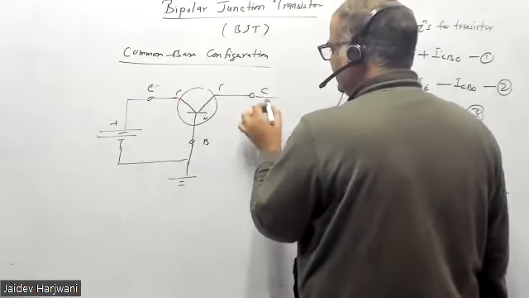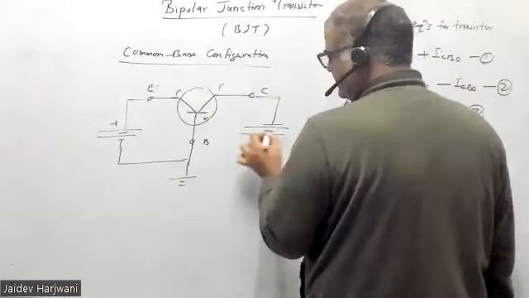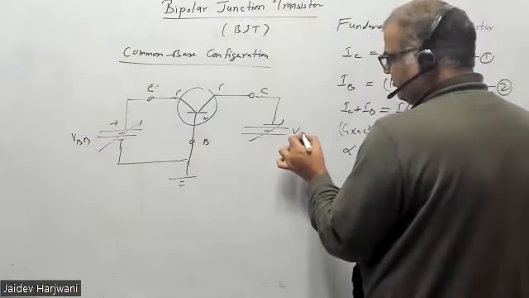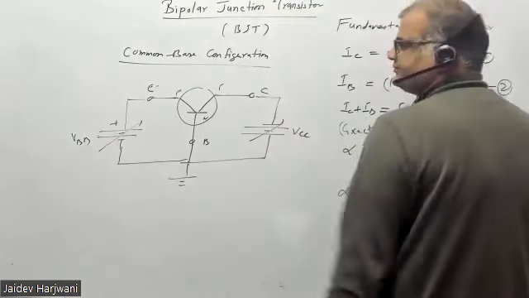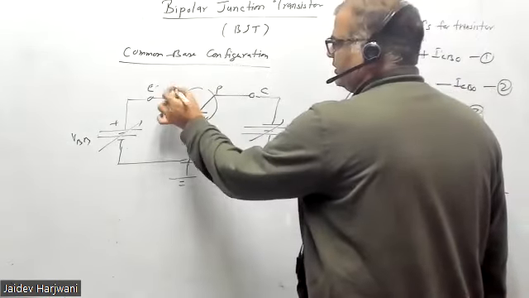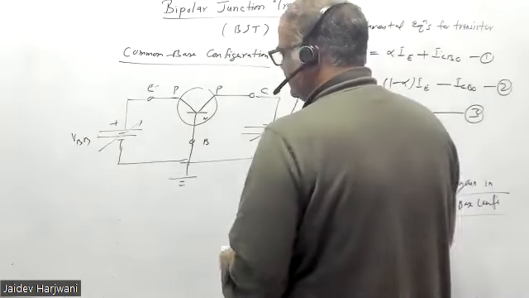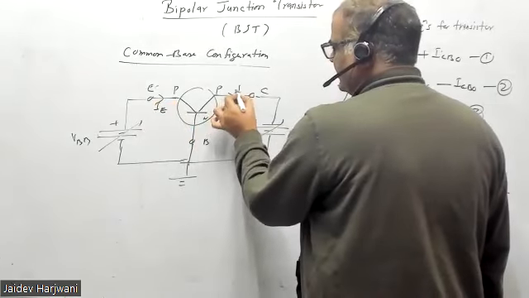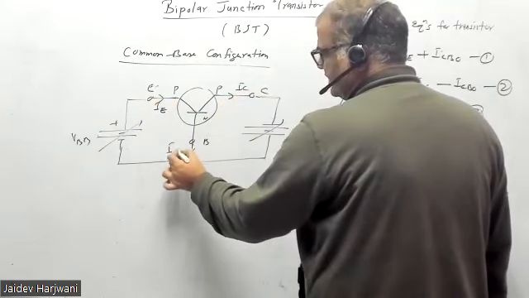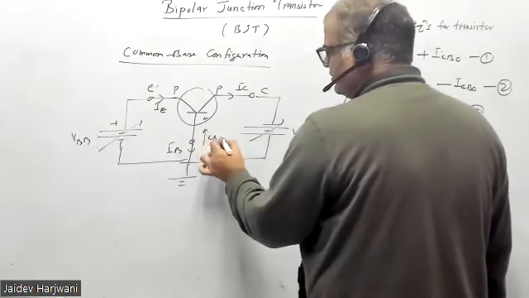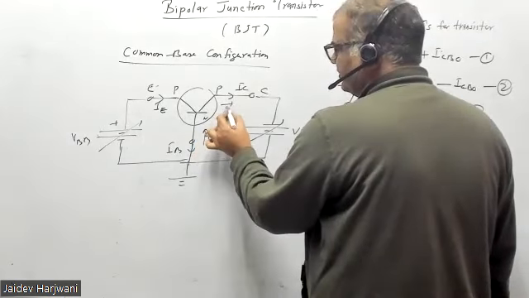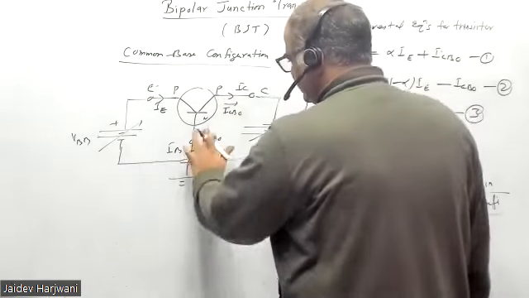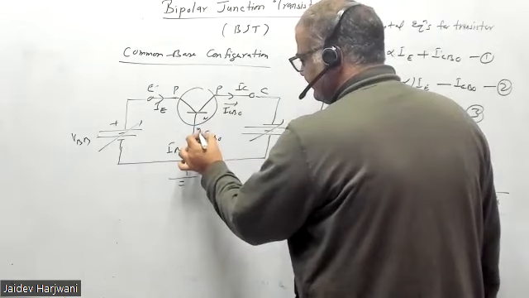The collector is here, and I want reverse bias, so this is reverse bias. This is your VBB, and this is your VCC. Now you understand: current IE is going here, IC is coming out, IB is coming out. ICBO is going inside and adding with this one, but ICBO we generally neglect because it is very small.